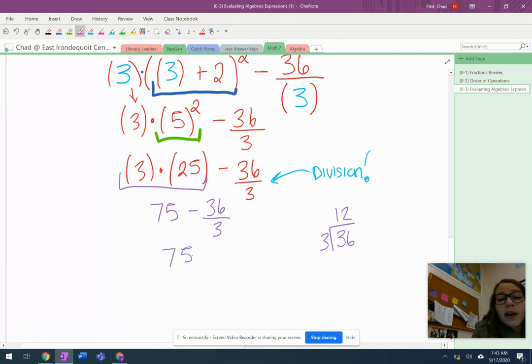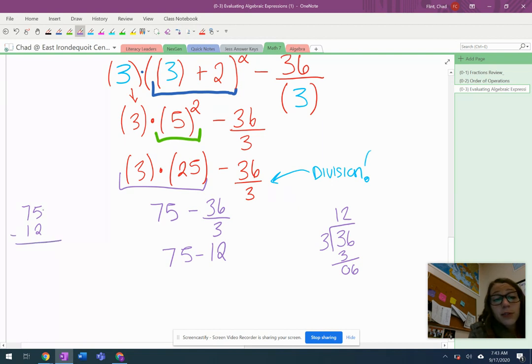So 75 minus 12. And 75 minus 12, maybe you need to also set that up on the side. That's quite all right. If you want to be checking in a calculator, that's fine too. 5 minus 2 is 3, 7 minus 1 is 6. So example 1 gives us an answer of 63.